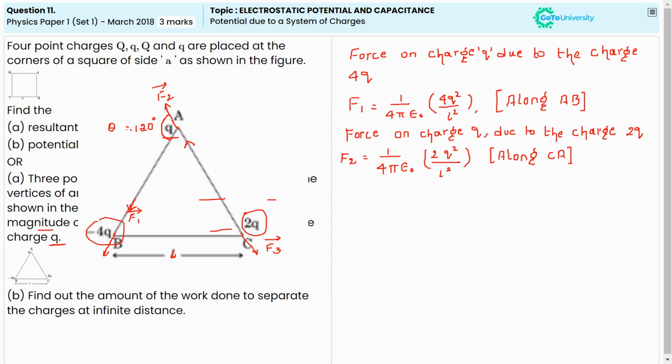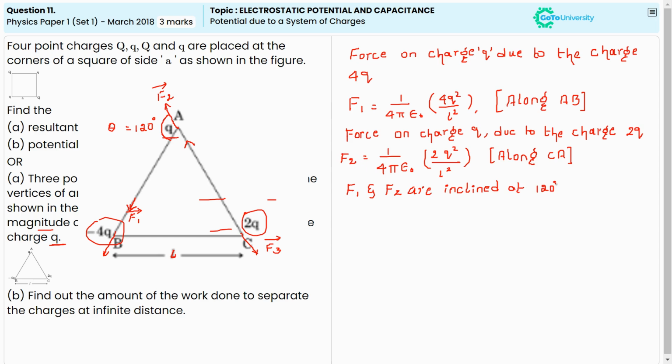This theta is equal to 120 degrees. Then forces F1 and F2 are inclined at 120 degrees.